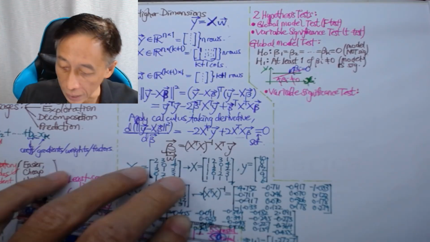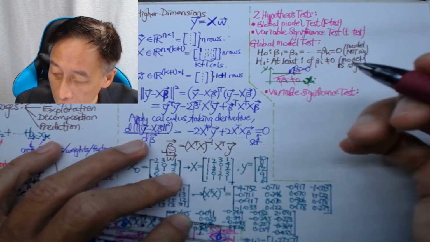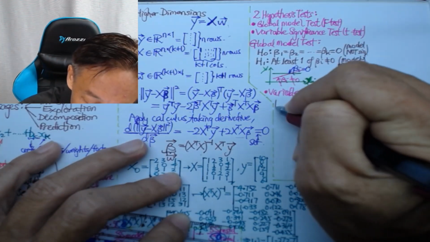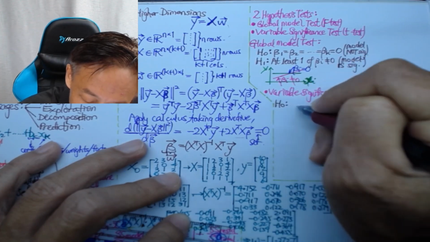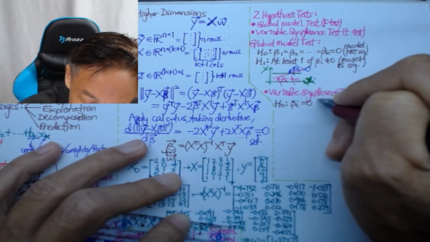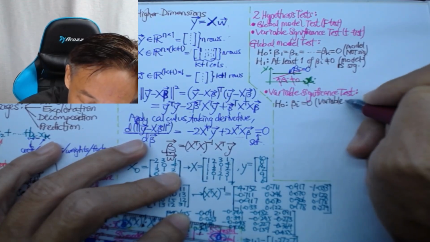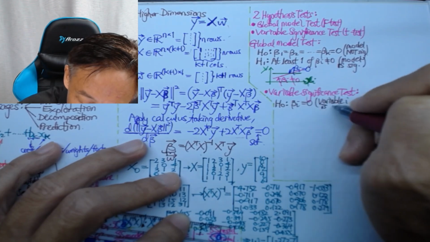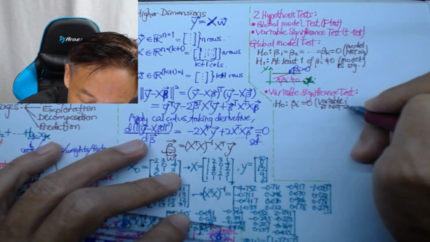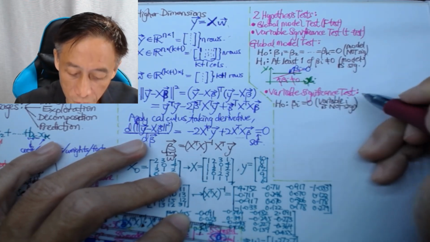So for that particular variable, is it significant or not? So H naught will be beta i equals 0. That means that variable i is not significant. For the same reason that it is having a 0 gradient, right?